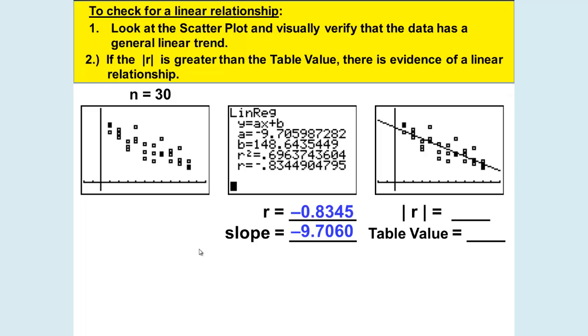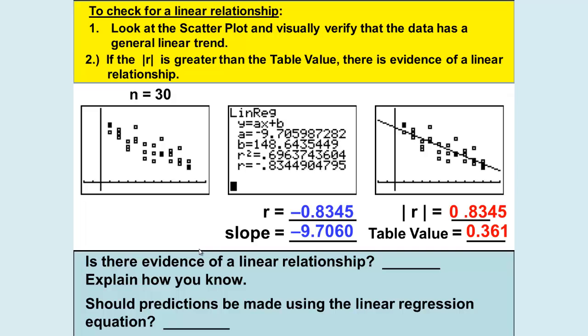The absolute value of R, since R is negative 0.8345, will be 0.8345. Looking at the table for n equals 30 gives us 0.361 once again. Is there evidence of a linear relationship?